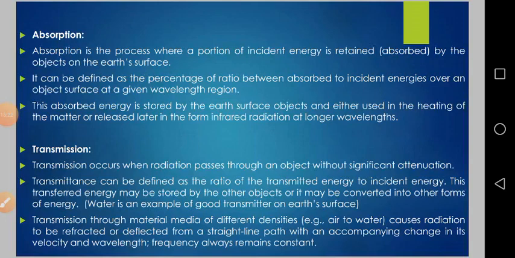So normally during this transmission from one body to another, there will be a change in the velocity and wavelength. The frequency is almost constant. So this is regarding the transmission.